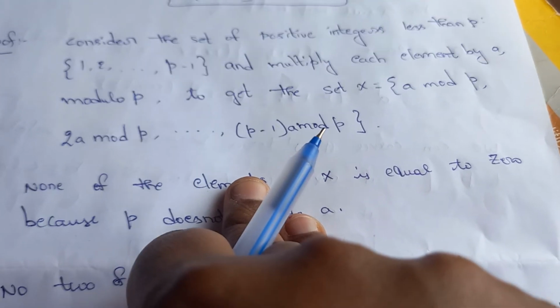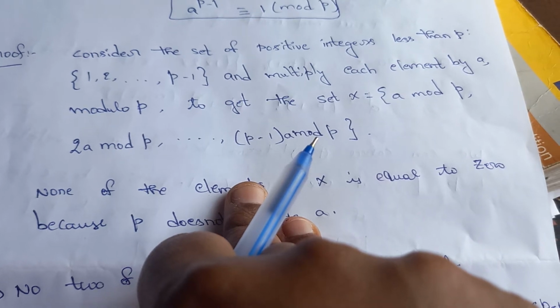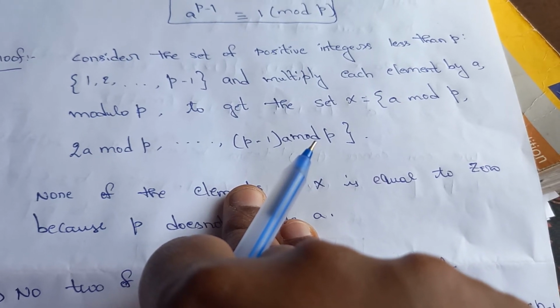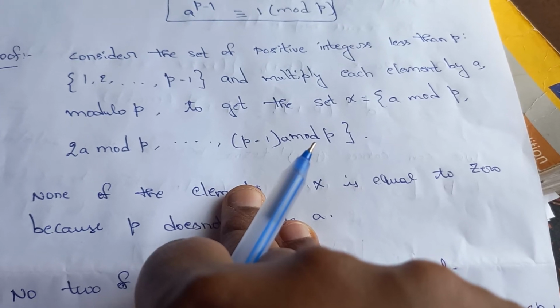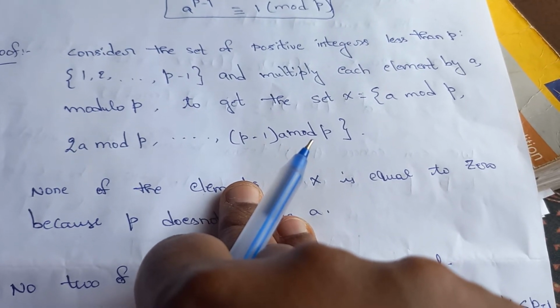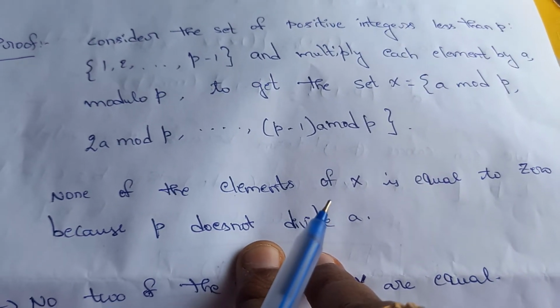So here the set is 1, 2 and so on up to p minus 1. Multiply each element by a.